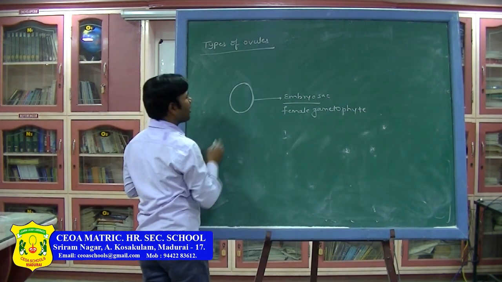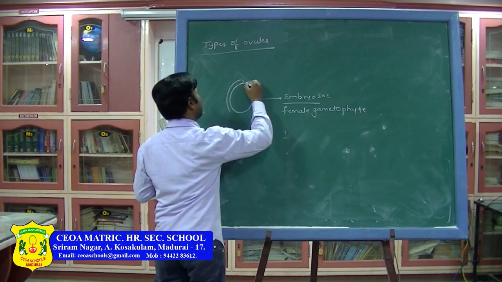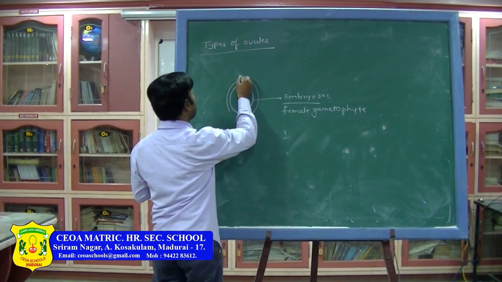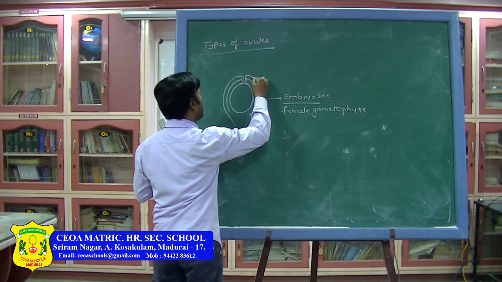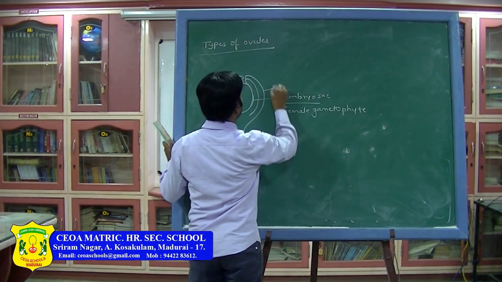Around the embryo sac there are protective layers present. These protective layers we are calling integuments.